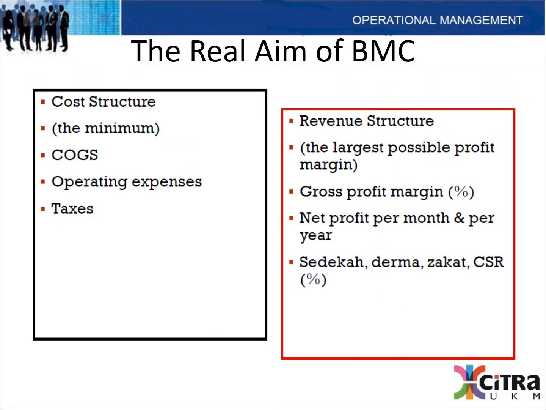As a conclusion, this is the real aim of the BMC, or business model canvas. In the right box is the cost structure: the costs, operating expenses, and taxes.